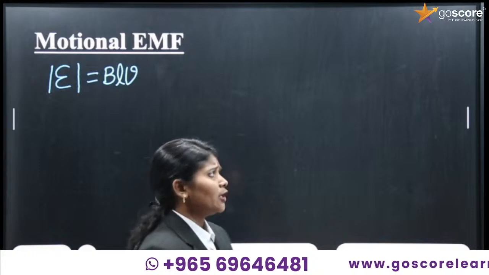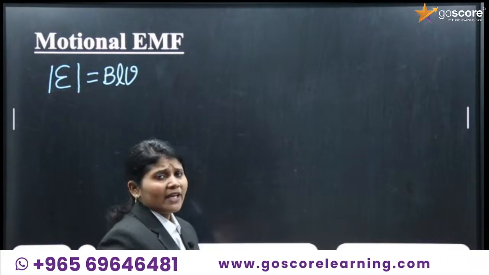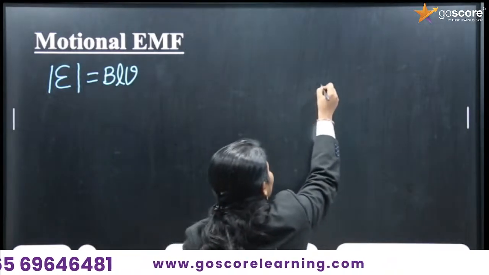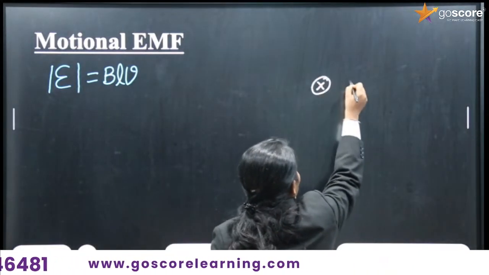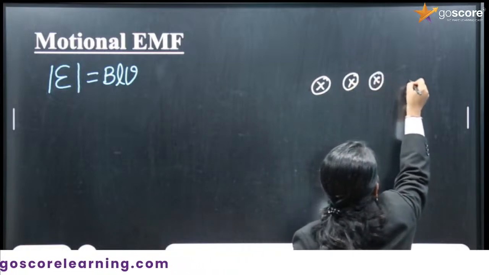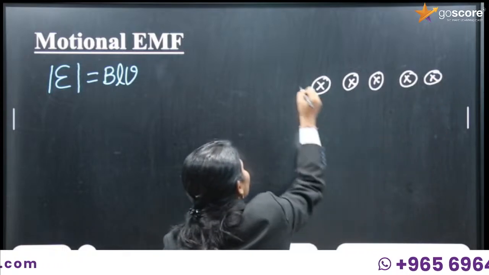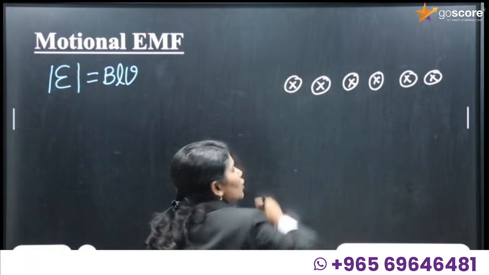Here I am considering the north pole outside and the south pole inside of the board. So the magnetic field lines pass inside the board, and that's why I am indicating them with a cross.